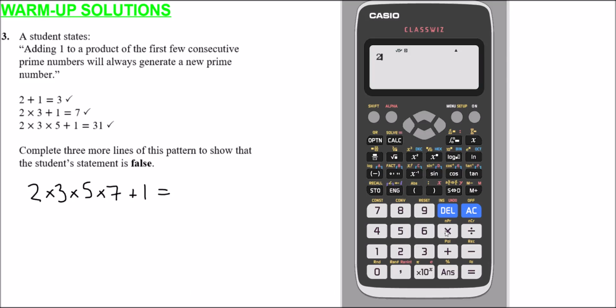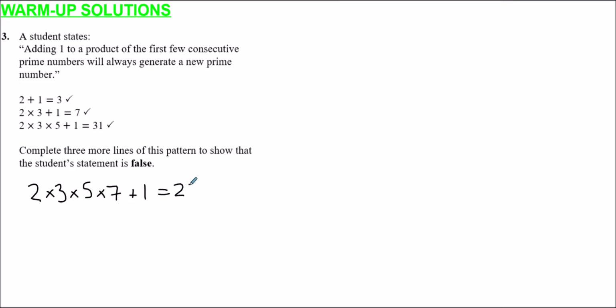So what do we get? 2 times 3 times 5 times 7 plus 1. That gives us 211. Remember the calculator hack for seeing if a number's prime? We can press Shift Fact. If a number changes, it's not prime. If a number stays as it is, it must be prime. It stayed as 211, therefore 211 is still prime.